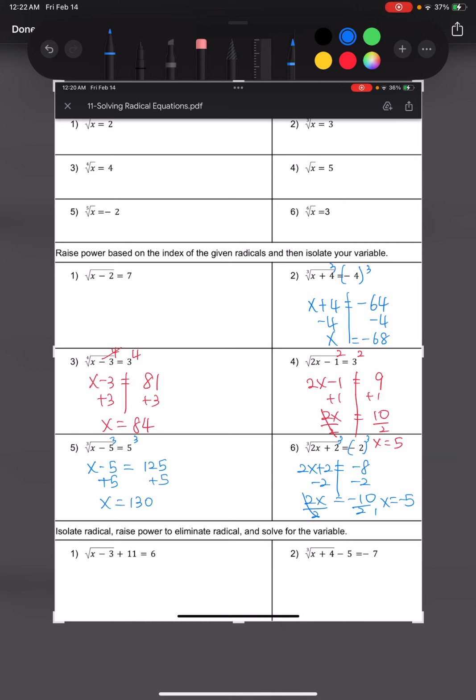If you have finished up to number 6, then you guys can move on to the next section.